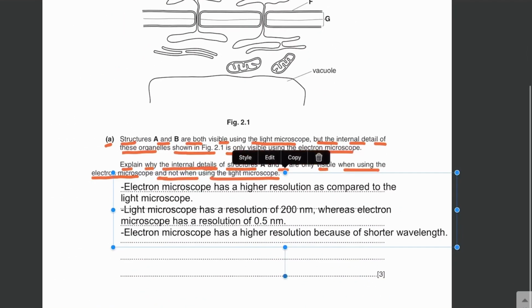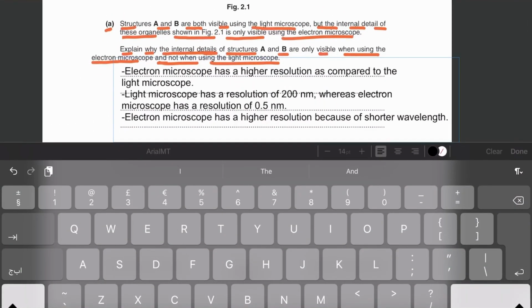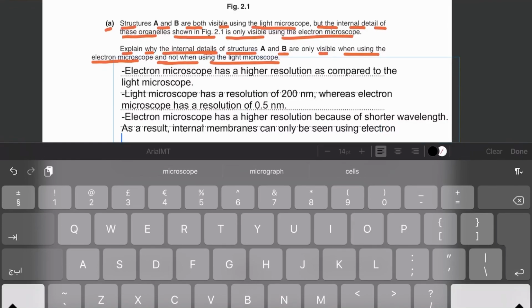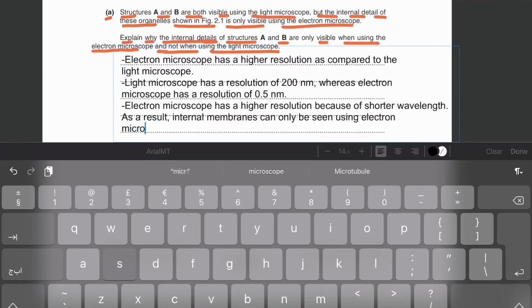So we will say that as a result, internal membranes can only be seen using the electron microscope, because the internal detail they're talking about is because of the internal membranes.